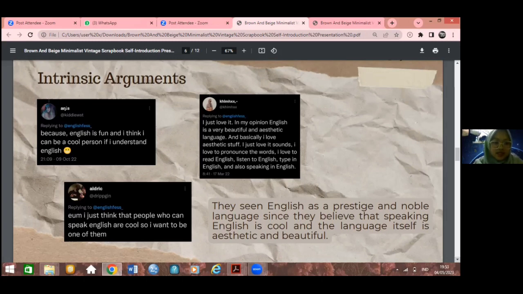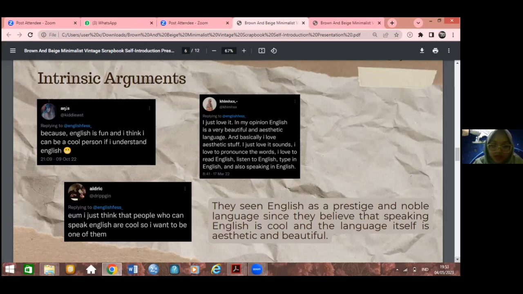In intrinsic arguments, we found that there are several here. One of them said that English is fun and she thinks she can be a cool person if she understands English. Also, he thinks that people who can speak English are cool.